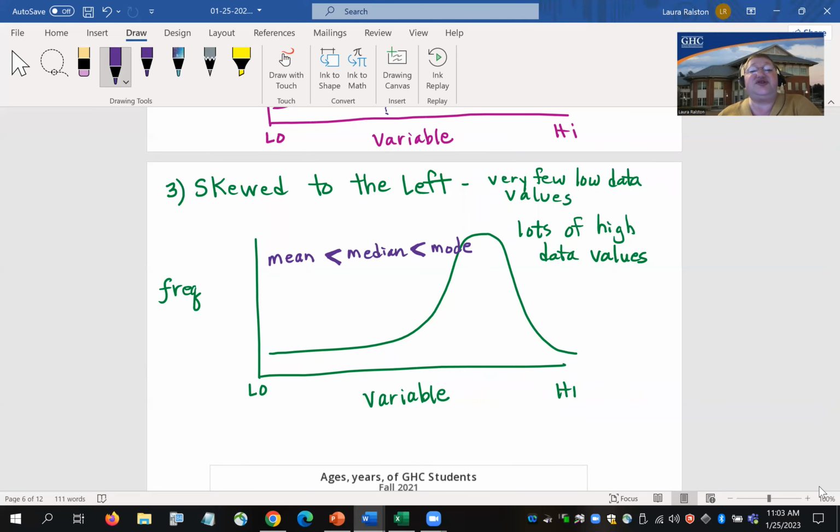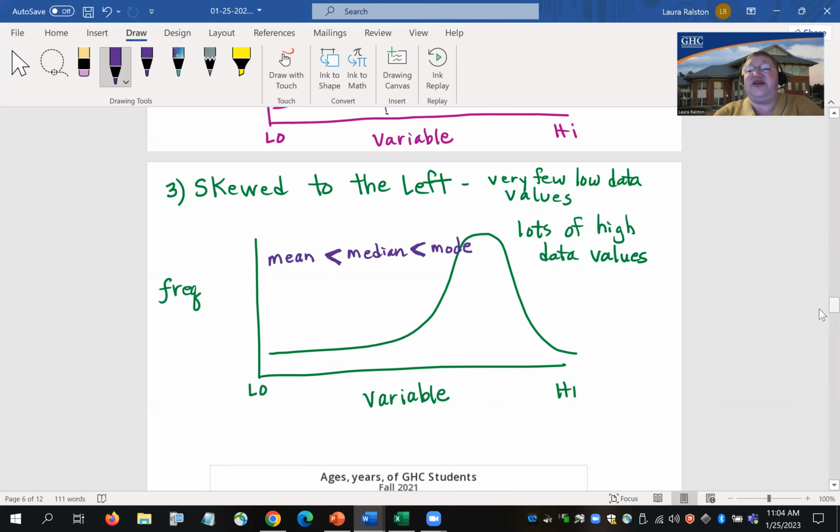So for skewed to the left, the mean is the smallest, then the median, and then the mode is the highest. So the mean is smaller than the median, and the median is smaller than the mode. Not only do those measurements help us to begin to analyze our data set, they also help us to verify or confirm what shape distribution we have.